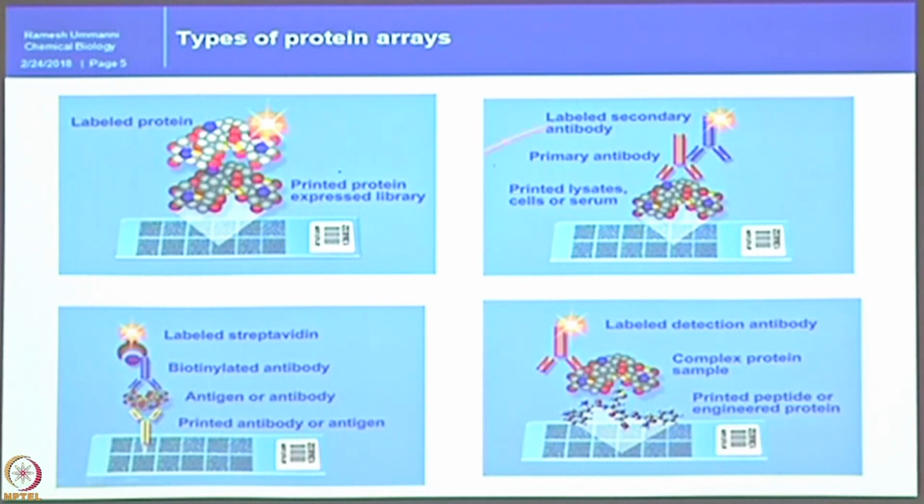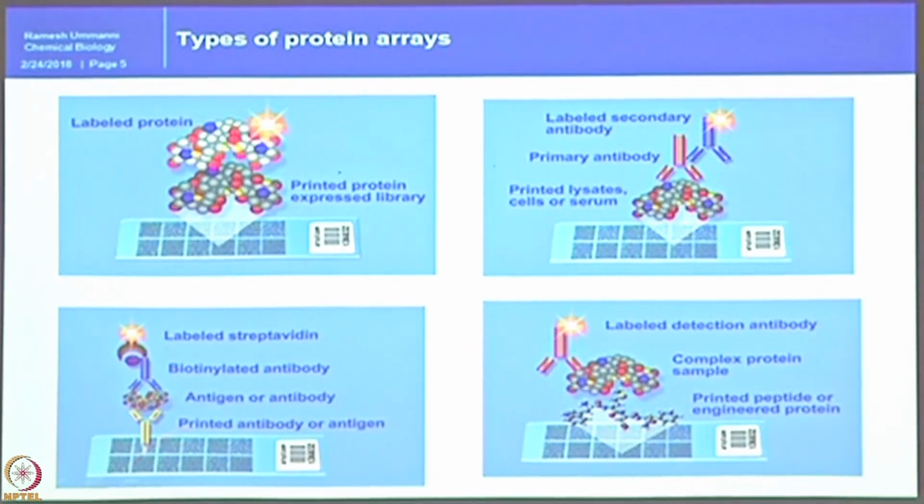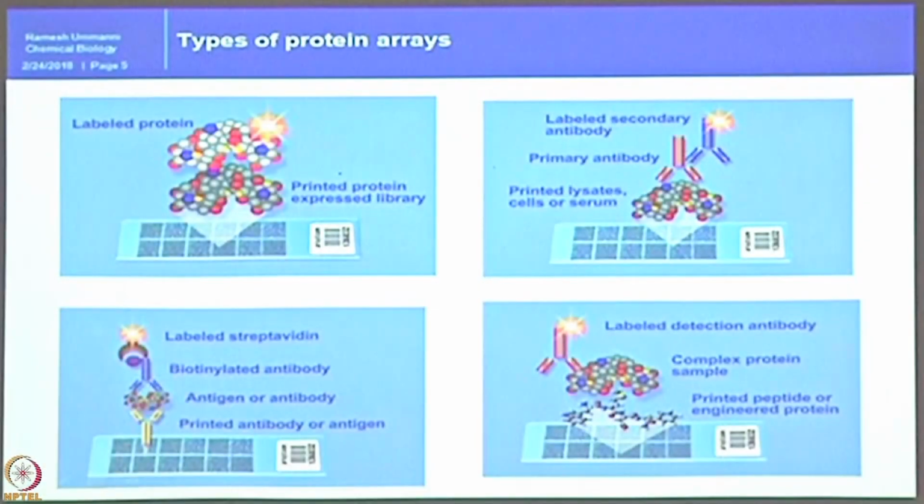The second approach is again the glass slide. We all talk about glass slides today. The slide is printed with an antibody, or of course an antigen, but in this case an antibody. Then you add the lysate, a pool of all the proteins expressed by the proteome. Antigens specific to the antibody are captured by the capture antibody. Here the protein is not labeled, which is why we need a detection antibody, which can be any biotin-related antibody or any choice of your interest.